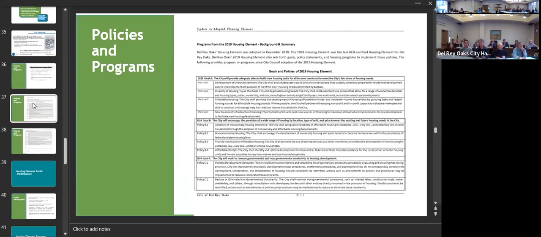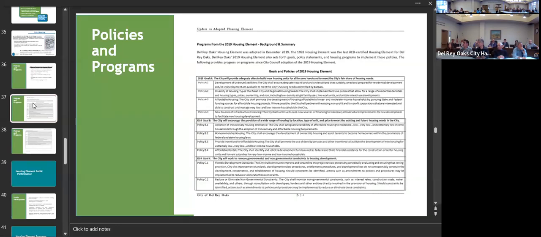So this is a descriptor of your existing housing element, and in programs and policies there's an overview of overall goals first, policies next, and program implementation. The program implementation is the meat of it, but the goals and policies are hard to argue with.